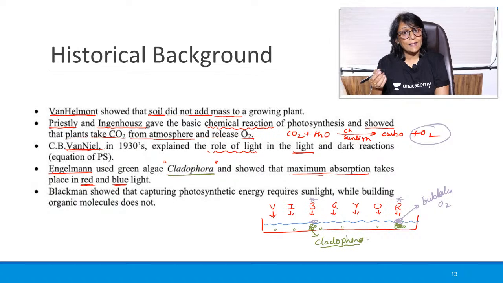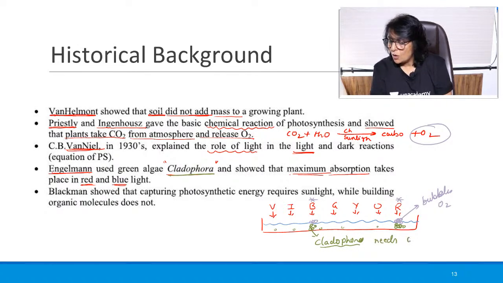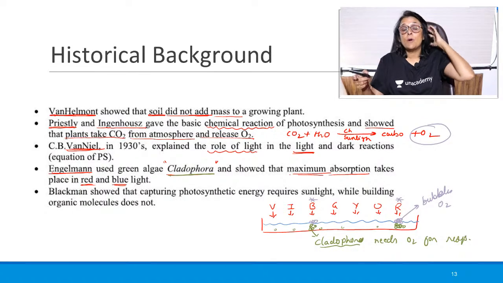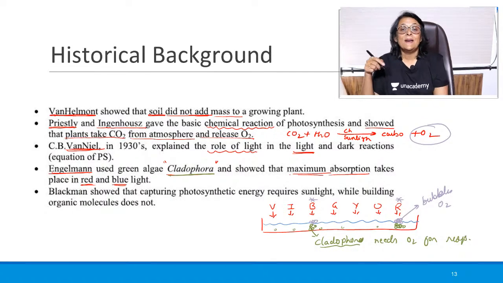Because this algae needs oxygen for respiration. Well, oxygen is given out as a byproduct in photosynthesis, but the cells of the algae, they would need oxygen for respiration. So they accumulated closer to these two wavelengths.